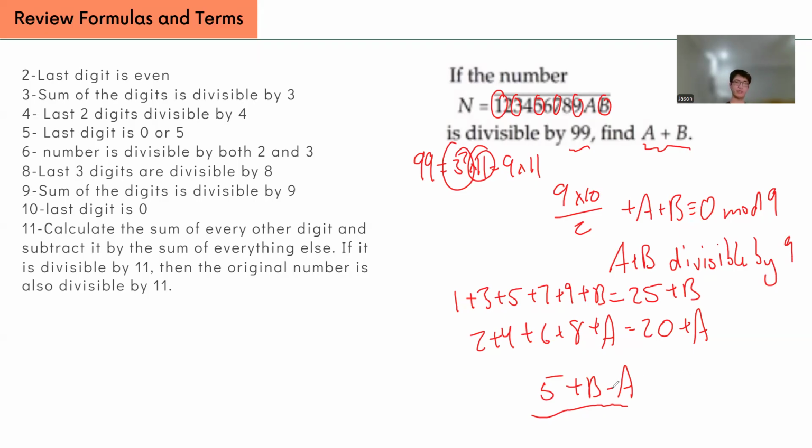Eventually what works is B minus A being -5, which gives us 0. So A equals 7 and B equals 2. A equals 7, B equals 2 fulfills both of our conditions, where A plus B is divisible by 9 and 5 plus B minus A is divisible by 11. So this is our solution. A plus B is 7 plus 2, which is 9.